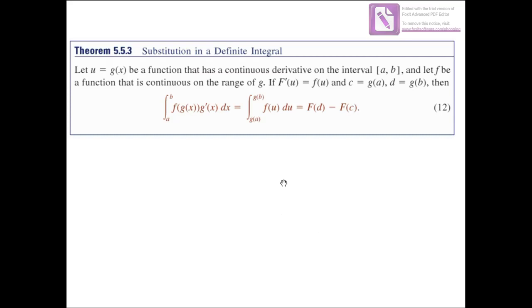If f prime of u equals f of u, and c equals g of a, d equals g of b, then the integral of f of g of x multiplied by g prime of x, where x is from a to b, is given by the integral of f of u du, where u is from g of a to g of b. We said that this is an integrable function and the antiderivative is F. So this will give us F of d minus F of c.